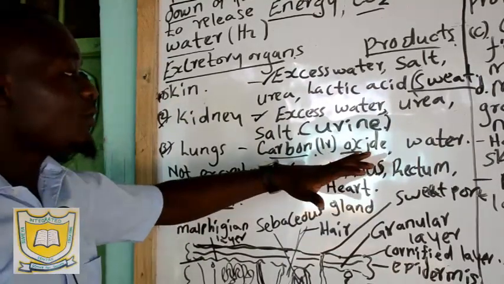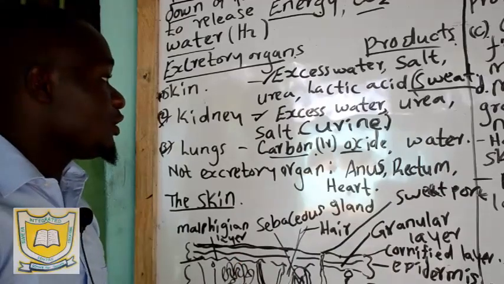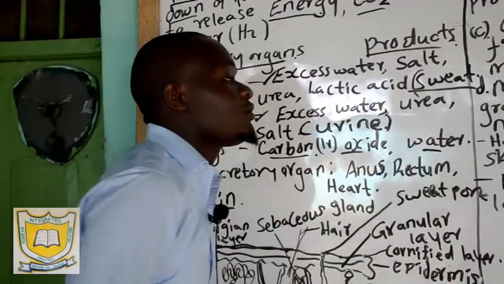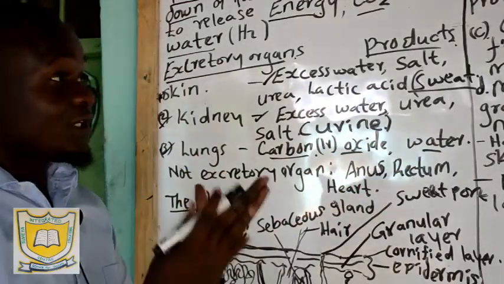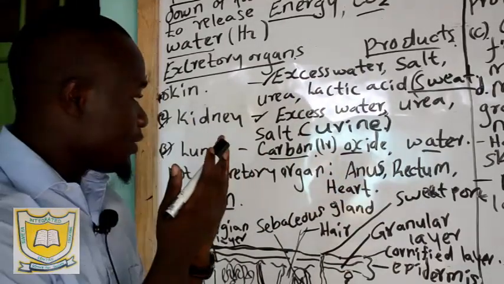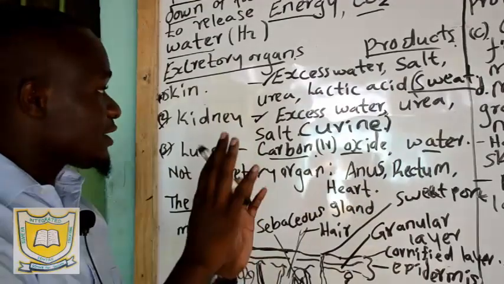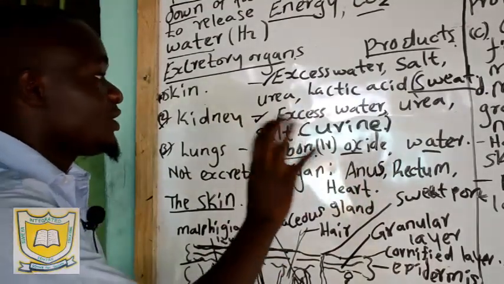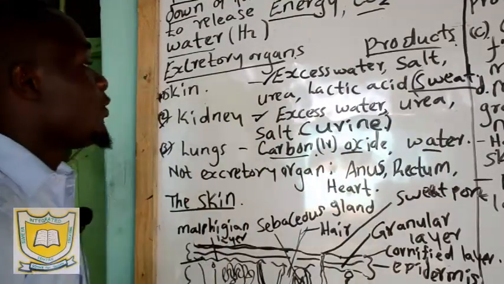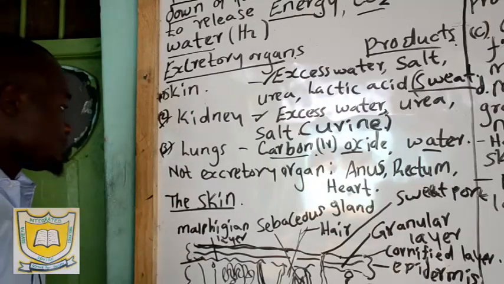Carbon dioxide does not come out alone, but with water. If you take a piece of glass and breathe on it through your nose, you'll find some moisture on the glass, caused by the presence of water in the air you breathe out.